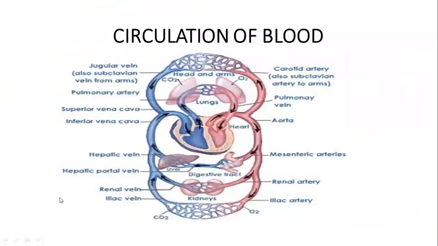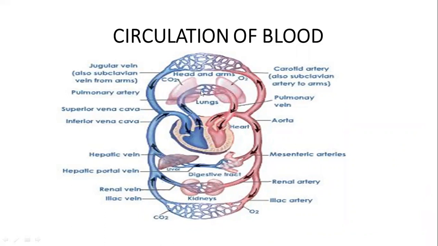Okay, now we're going to discuss the circulation of blood. It starts from the right side of the heart. The right side of the heart pumps blood to the lungs through pulmonary artery. So, pulmonary artery takes deoxygenated blood from the right side of the heart to the lungs.